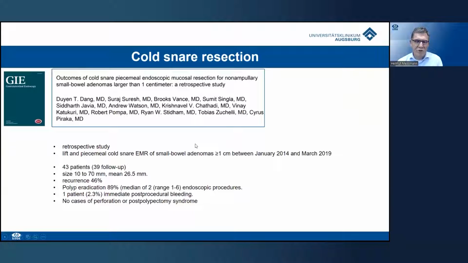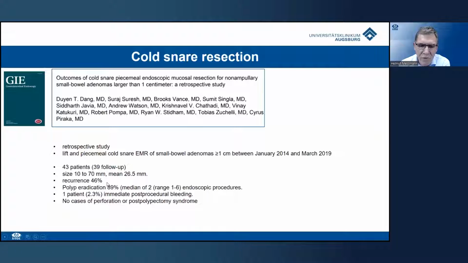So data on cold snaring, just one trial. Outcome of piecemeal resection in lesions larger than 1 centimeter, a retrospective analysis which combined lifting plus cold snare. You see 43 patients. The size was about 2.5 centimeters.